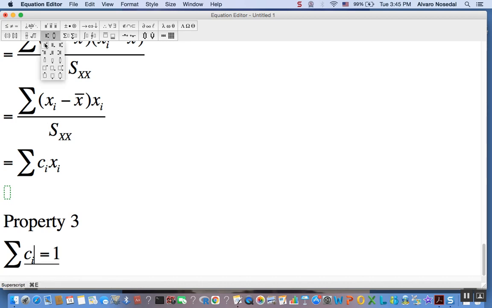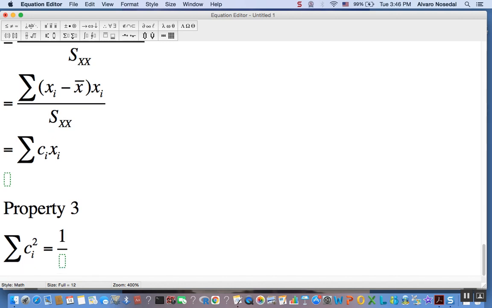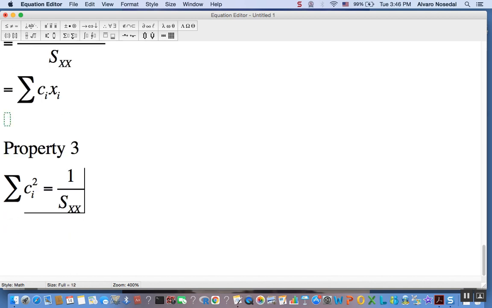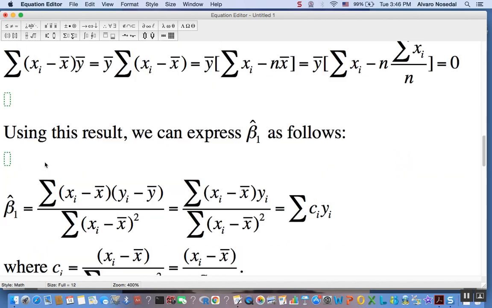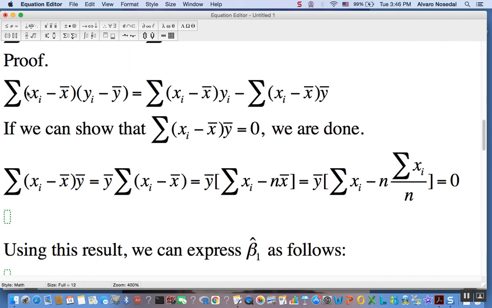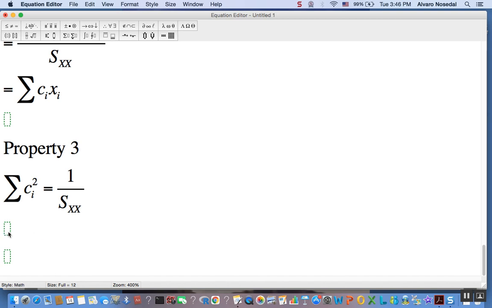Sum of ci's squared will be equal to 1 over sxx. Okay, there we are. Proof.